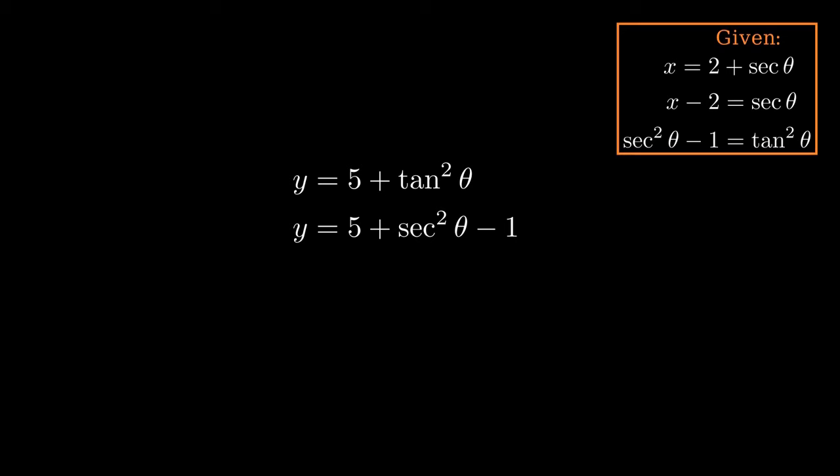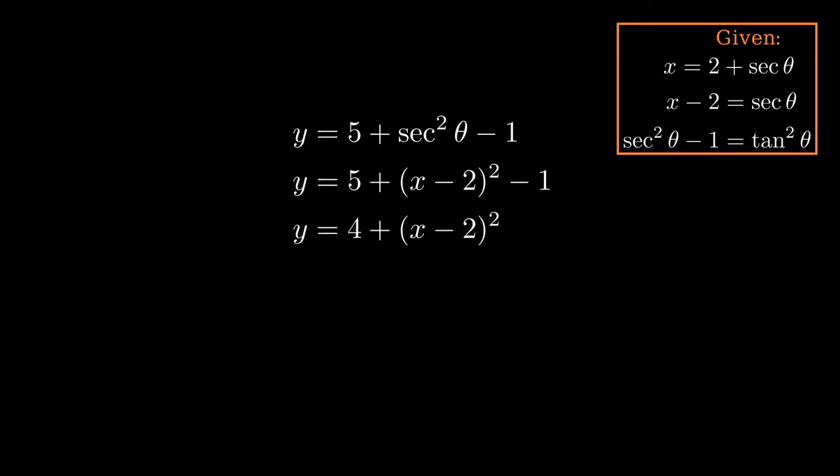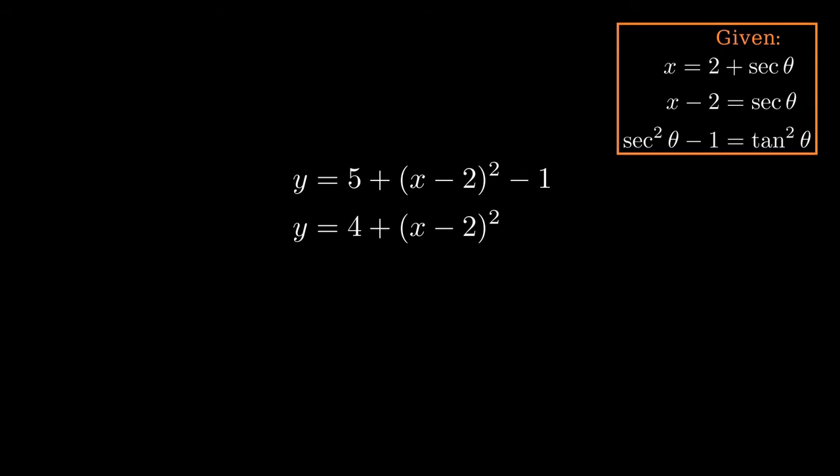And then for the secant, you see we have an expression for the secant. It's x minus 2, so we put that in for secant, and so now we have an expression for y in terms of x. So that's part A. Part B now, we'll use that to get dy/dx.